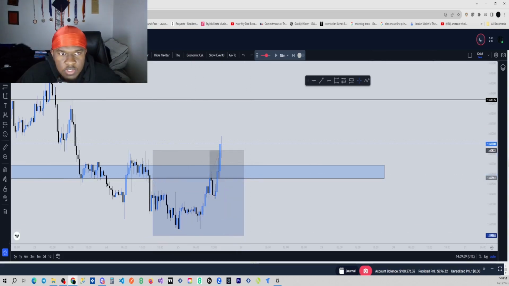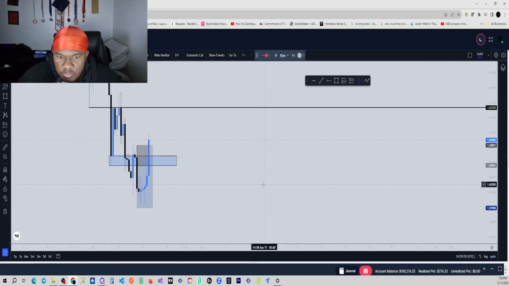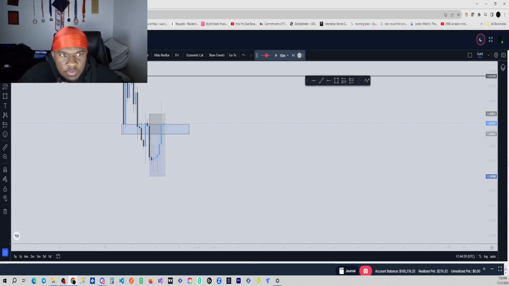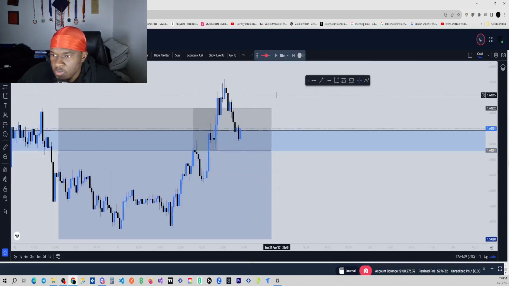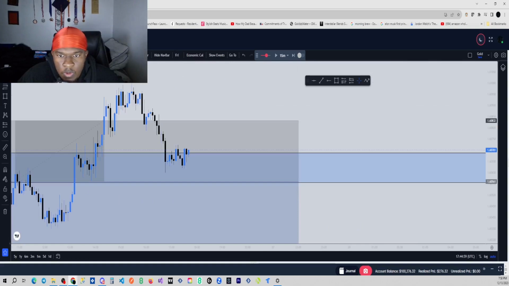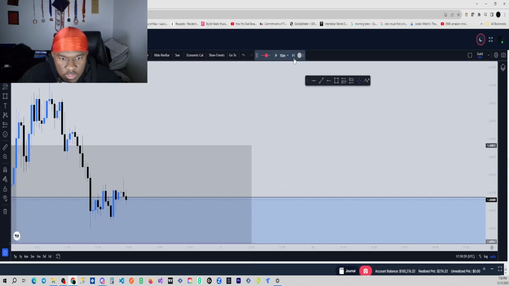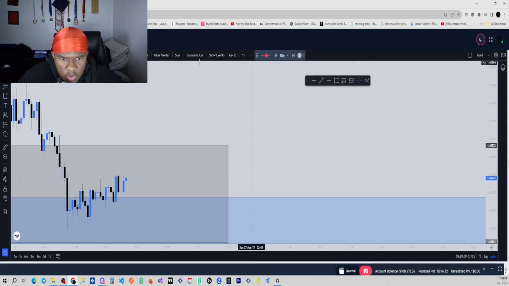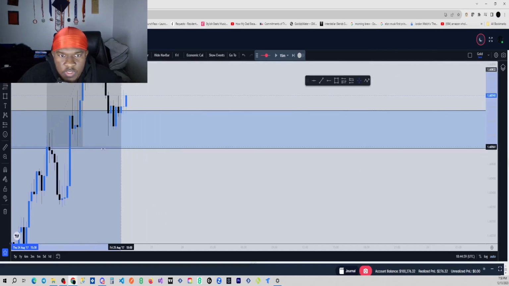Let's continue to see where price is, and let's see if we can catch something. So if price breaks above here, we'll look for buys. Nope, didn't break above. Still looking for sells. Let me move this over here.